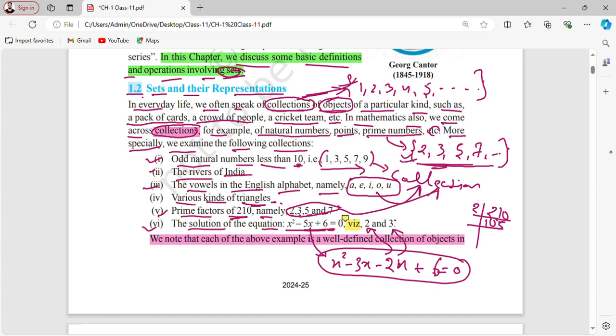These two values also make a collection, the roots of this quadratic equation.